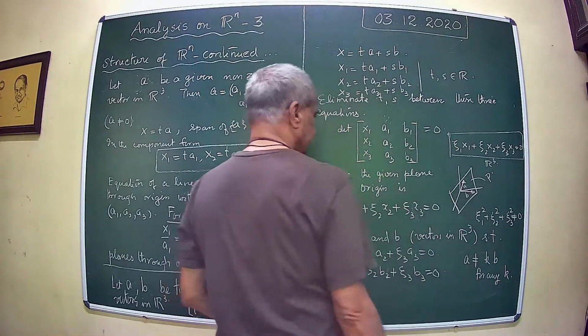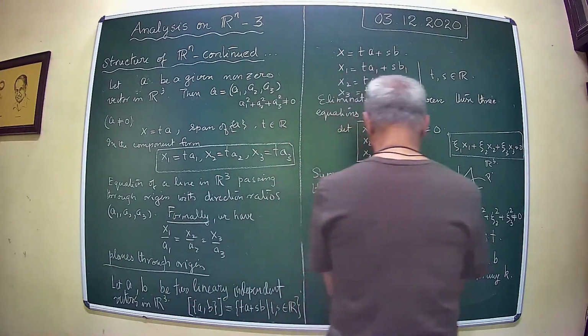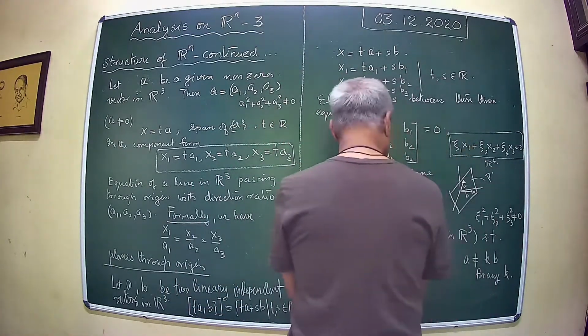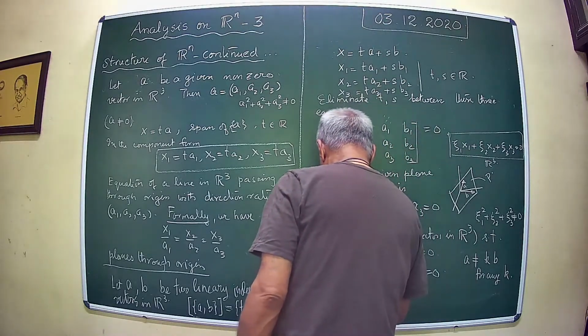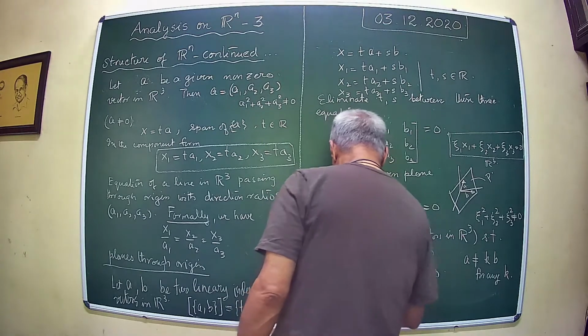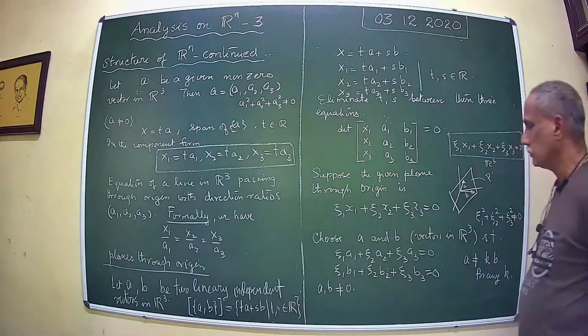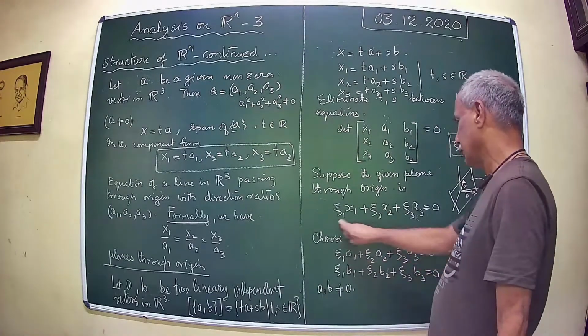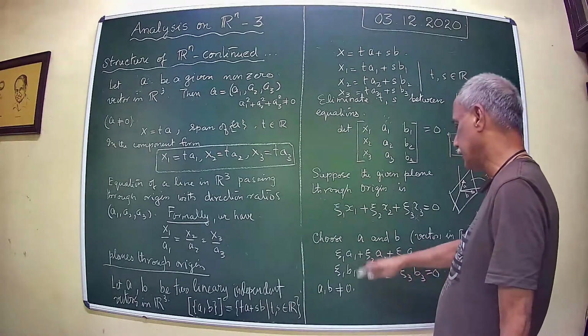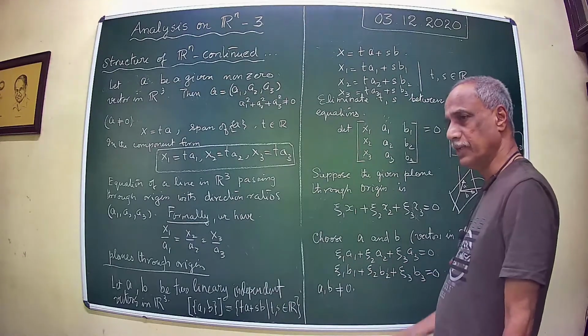Okay. Right? Choose A and B, I will also put A, B not equal to 0. You can find such numbers satisfying this equation. Such a set of numbers can always be found.